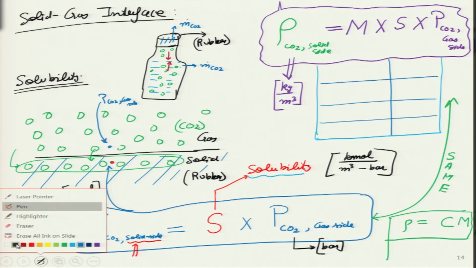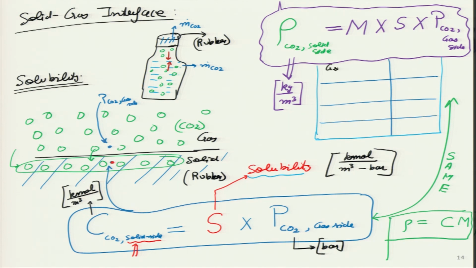So, we have the gas solid pairs and the value of S, whose units we already know are kilomole per meter cube per bar. And what are the gas solid pairs? The first pair we are looking at is oxygen going through rubber.